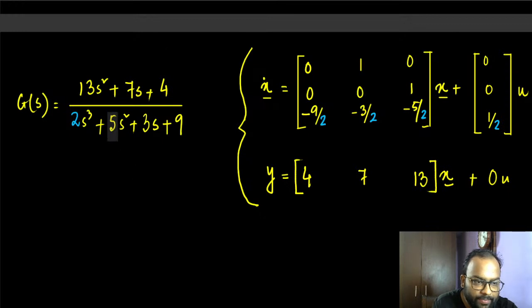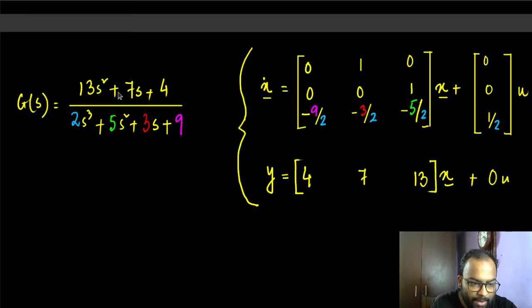There is a 5 here, and that 5 appears here as a -5. There is a 3 here, and that appears here. This is something we discovered in the last one. And we have a 9 here. That 9 appears here, and everything else is just standard.